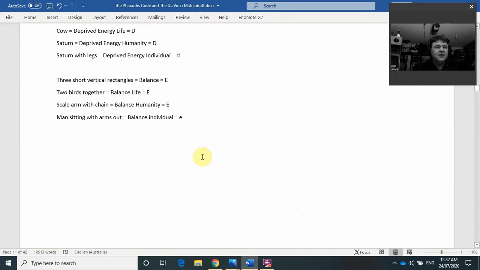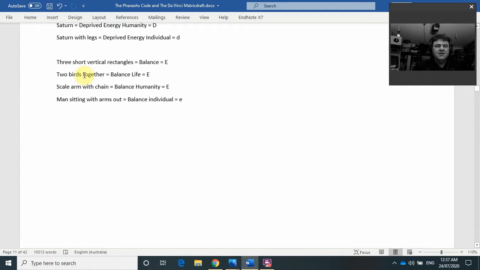And although balance as a whole concept is represented by 3 lines, I think there is a difference here in the life concept. And the reason for that is that if you look out there, you'll see that 2 birds, like people, they pair up and they unify and they stay together, don't they? The birds generally mate for life in a lot of instances.